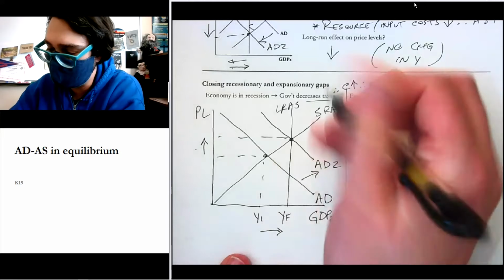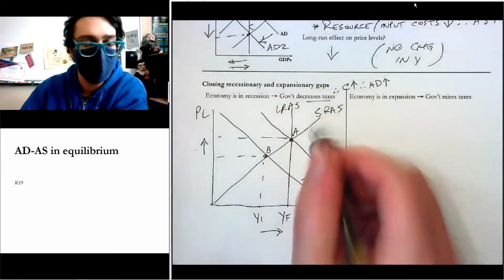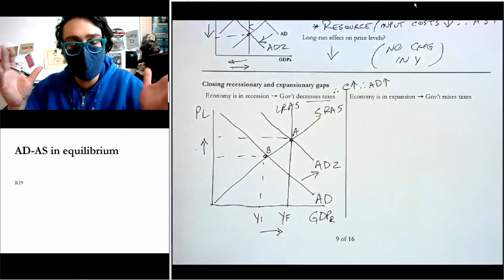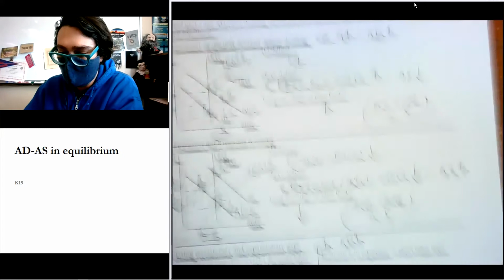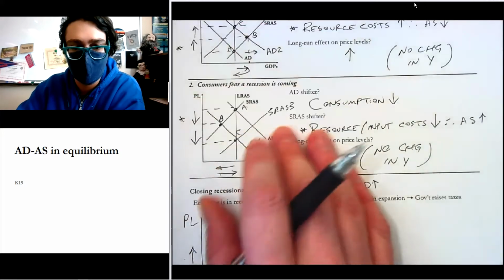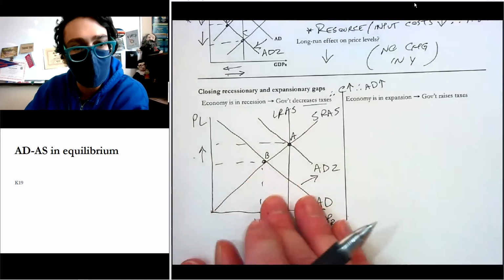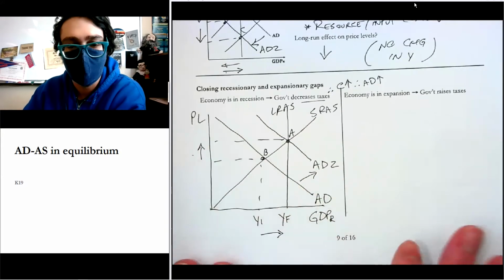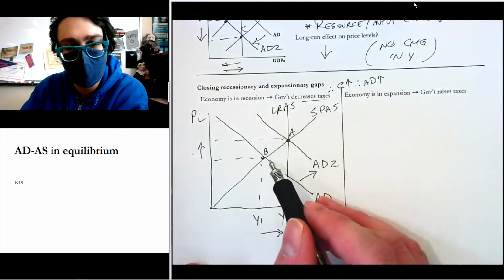If we started at point A and we went to point B, then we go right back to point A again and everything's hunky-dory. That's the idea here of, you can let the economy correct itself, or you could use policies to change this. That's an example of why maybe during a recession, government would cut taxes.